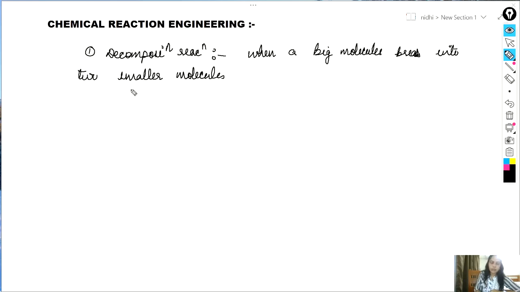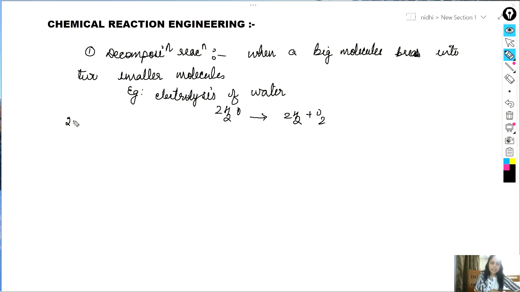Example: electrolysis of water. 2H2O gives 2H2 plus O2.